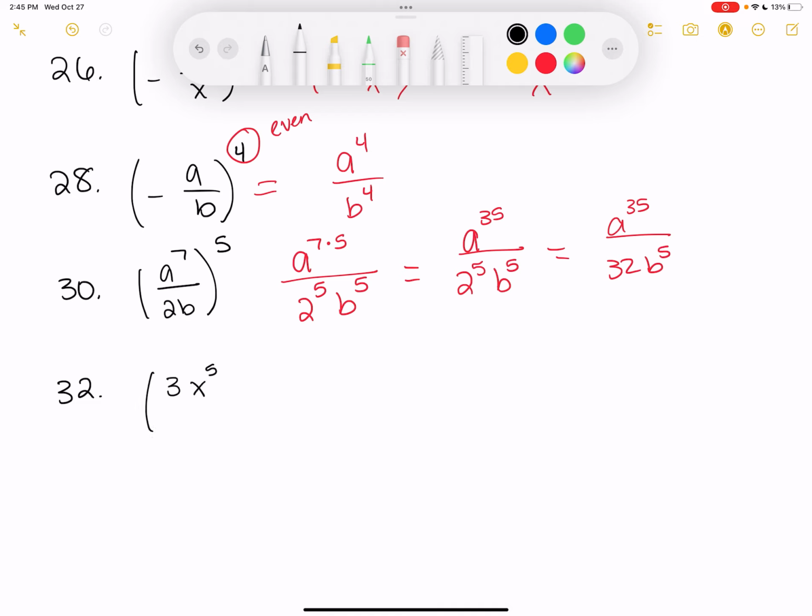3x to the 5th over 7y squared, all raised to the 3rd. For the exponents, I've got x to the 5 times 3, and y to the 2 times 3. What about the numbers in front, the 3 and the 7?